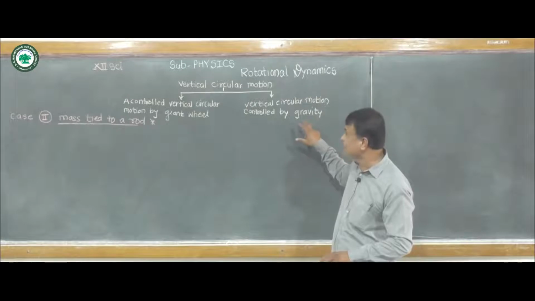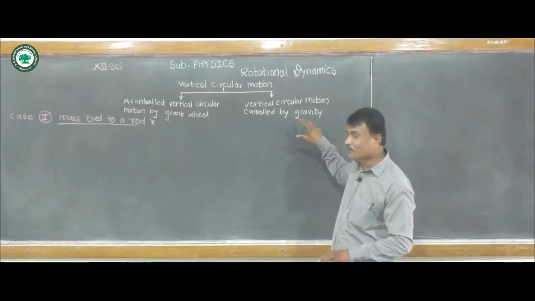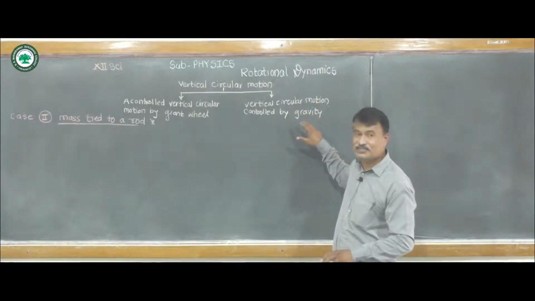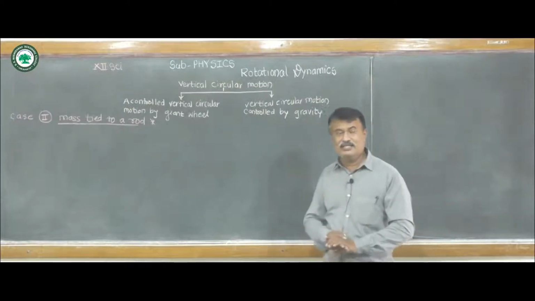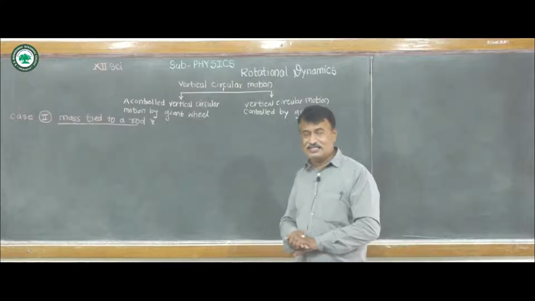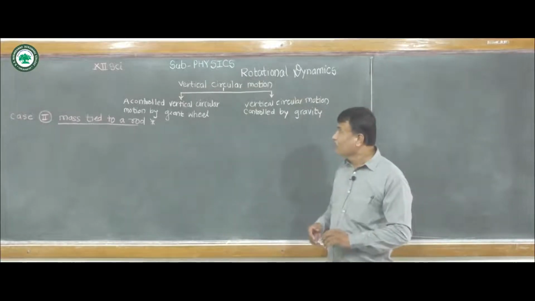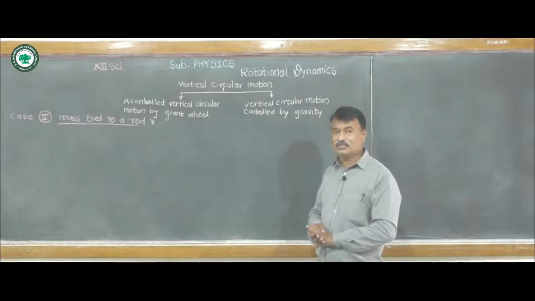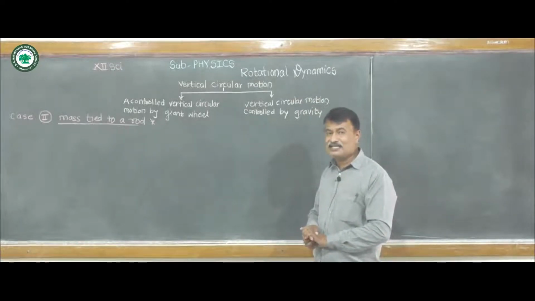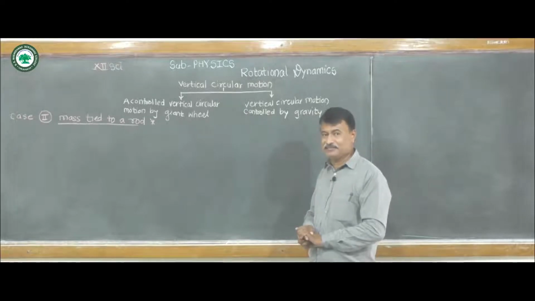Now in last lecture we studied that one vertical circular motion which is controlled by the gravity. In this case we consider a point mass revolving in a vertical circular motion by means of weightless, massless, inextensible string.